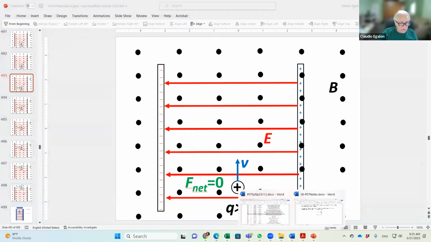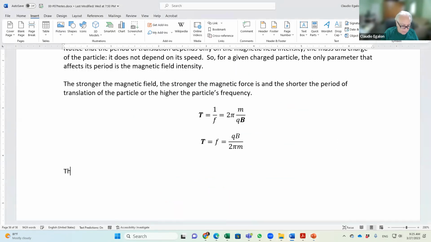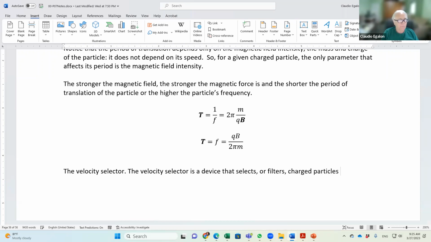velocity selector works. Let's talk about the velocity selector. The velocity selector is a device that selects or filters charged particles that have a specific velocity vector.